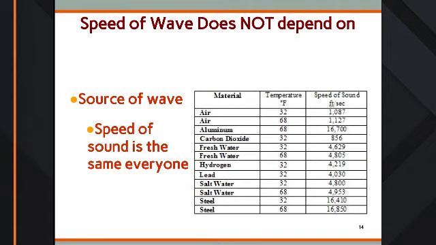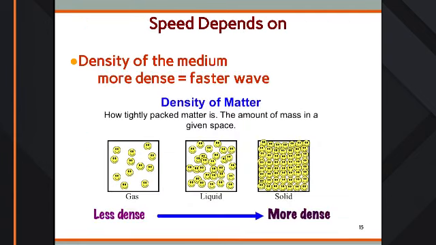You can take a look through these other ones and see what the examples are. But the denser the material, the faster that wave is actually going to travel through it. So I want this definitely written down: the density of a medium, the more dense the material is, the faster that wave is going to travel.